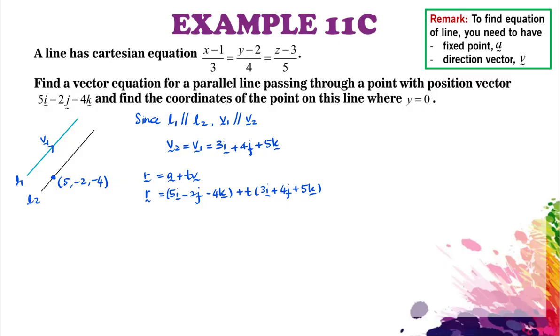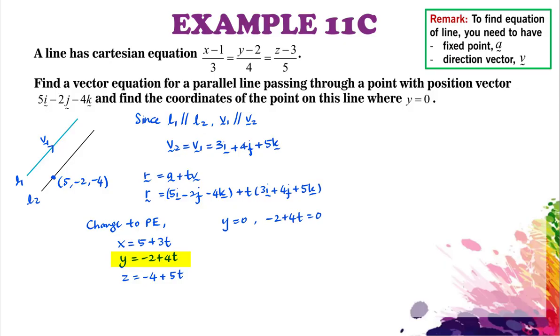Then we have to find the coordinate of the point on the line where y equal to 0. So we change the vector equation to parametric equation. It's going to be x equal to 5 plus 3t, y equal to negative 2 plus 4t, and z equal to negative 4 plus 5t. Since we have y equal to 0, we can compare with negative 2 plus 4t.